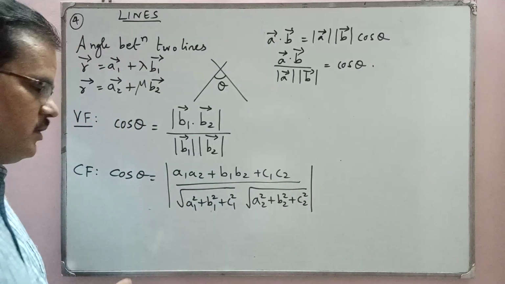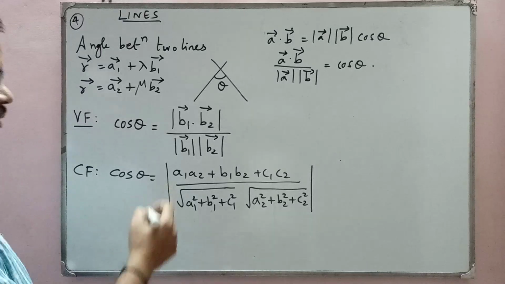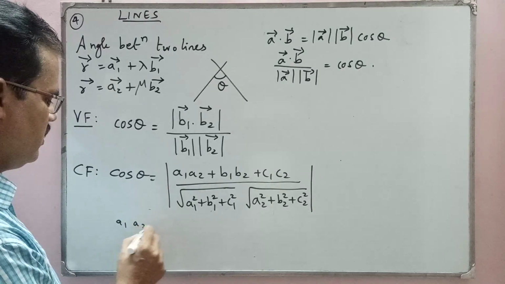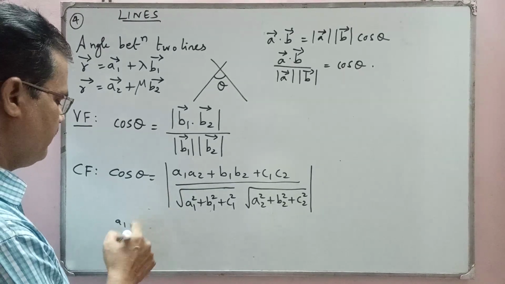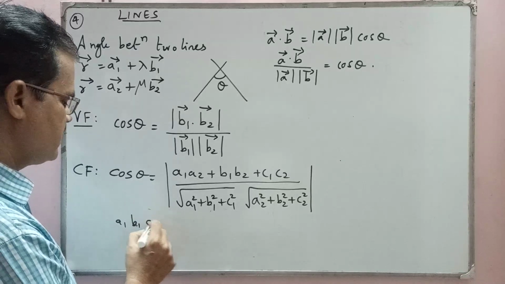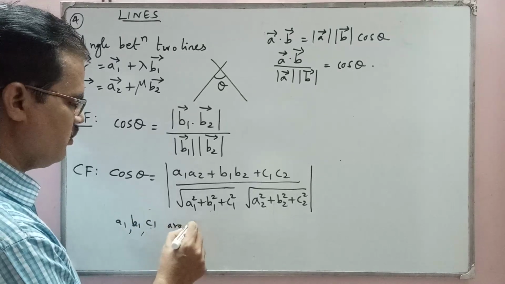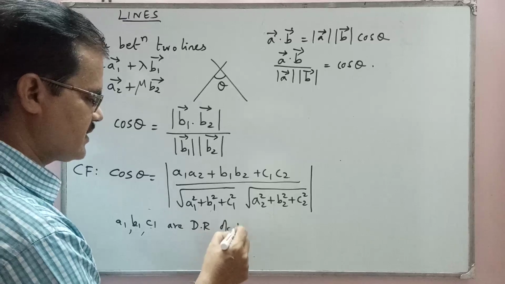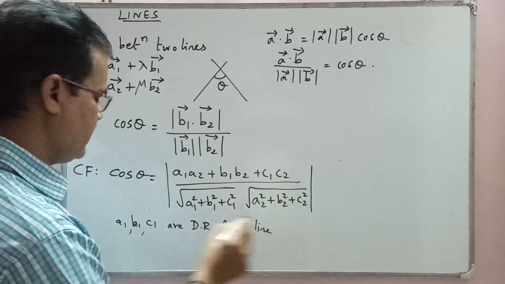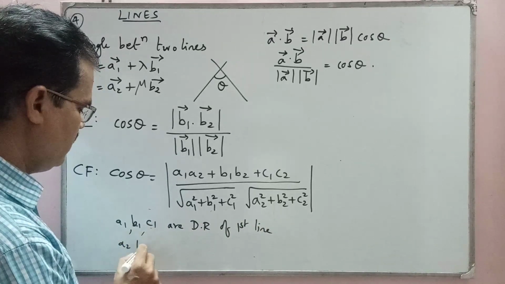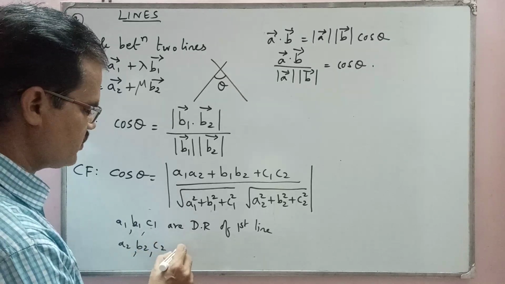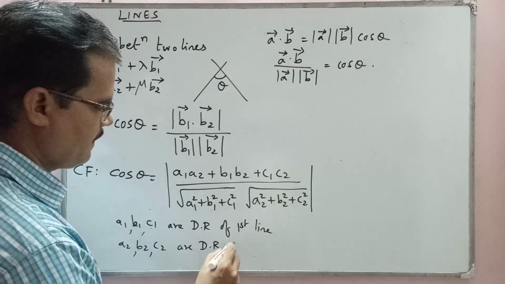This is the formula, Cartesian form, where a1, b1 and c1 are direction ratios of one line, or we'll take the first line because we have two lines, right? And a2, b2, c2 are direction ratios of the second line.